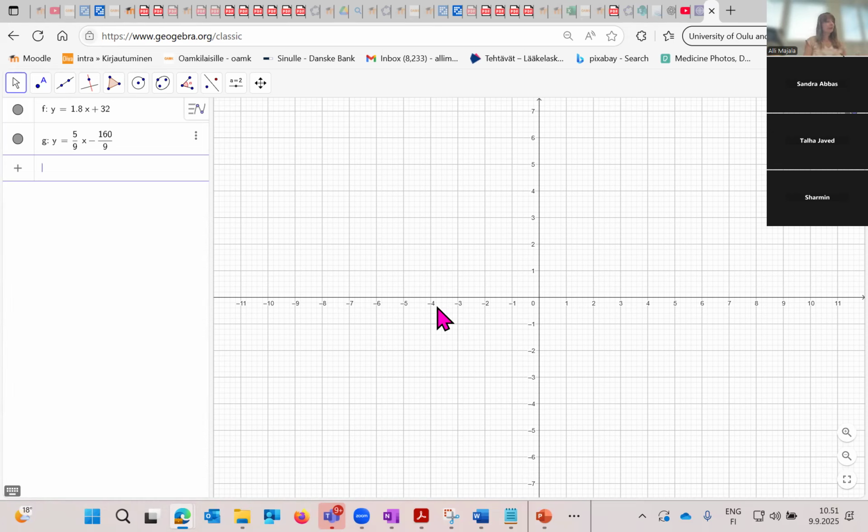It doesn't want to draw it. But for sure they will look nice when it works.